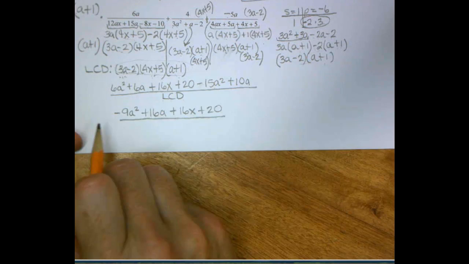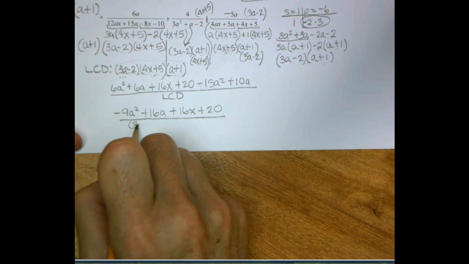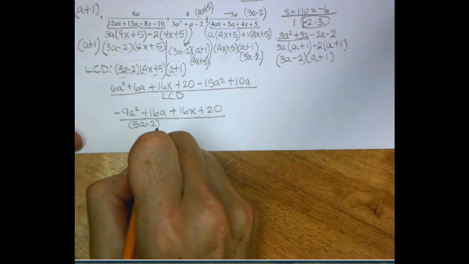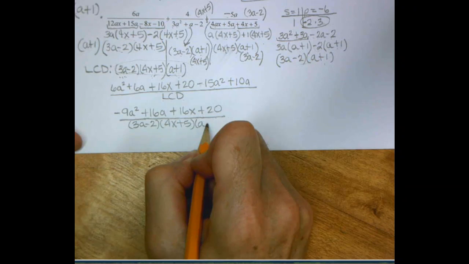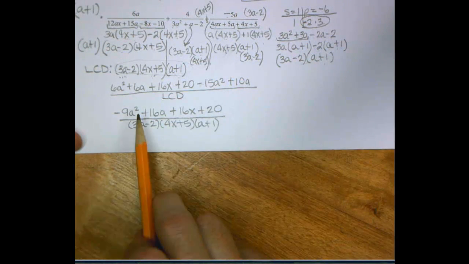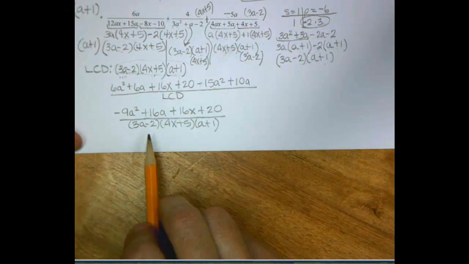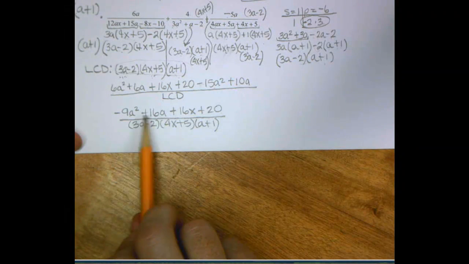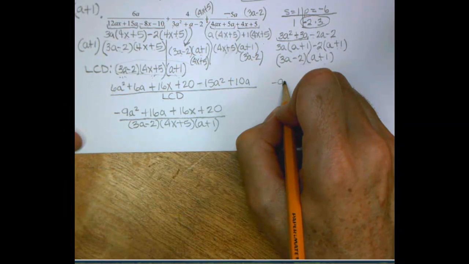Now, I would like to see if I can reduce this. So I will write out this denominator, 4x plus 5, and a plus 1. And I have 4 terms, so I really should think factor by grouping. And I look at this first pair, will I be able to pull something out? I'm going to write it over here.